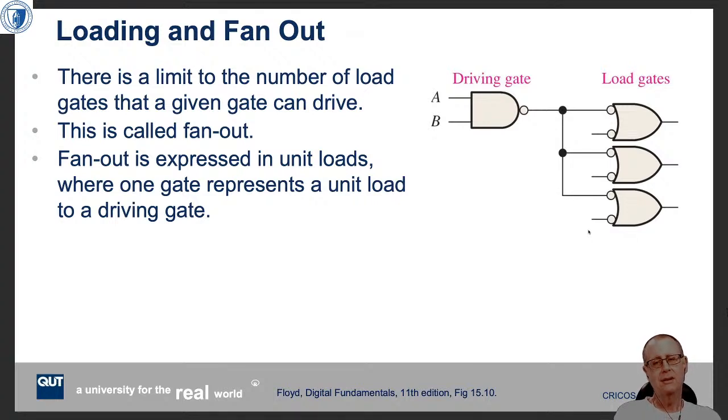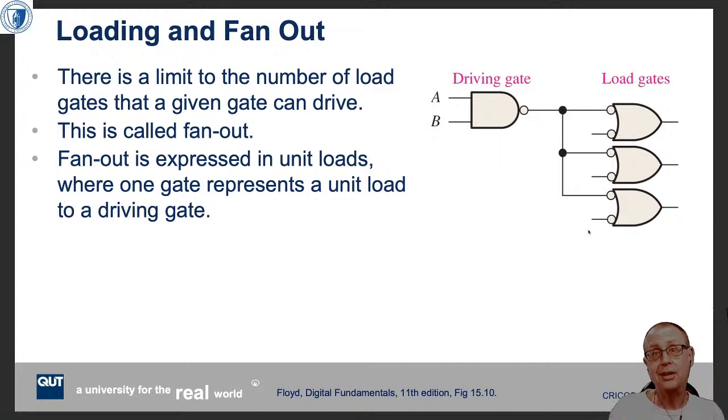If you exceed the fan out of a particular device that you're using, your circuit will not work properly. It's one of the reasons that you often get ghostly behavior, right? Unknown behavior in digital circuits.